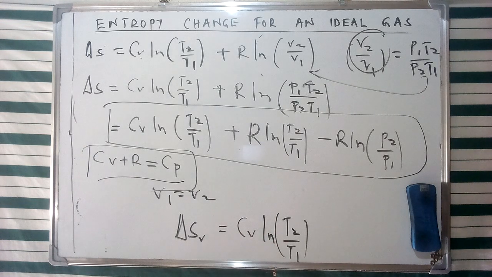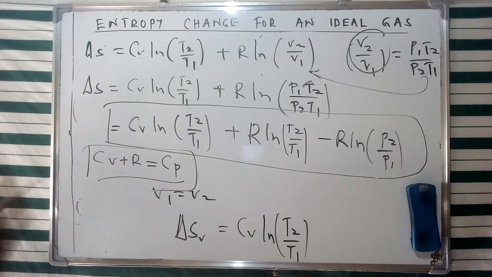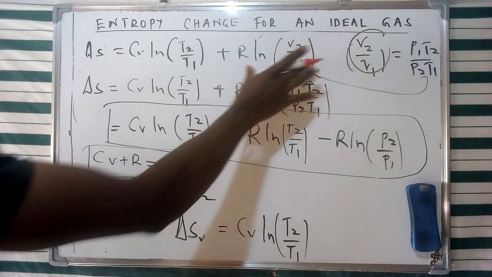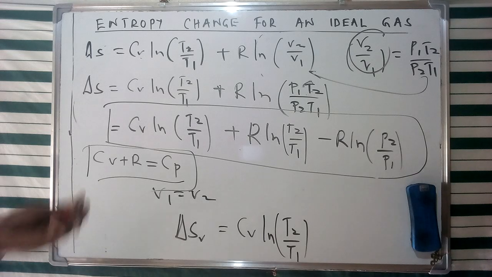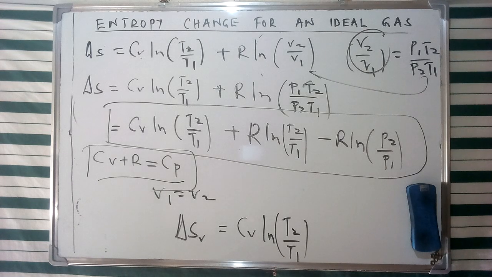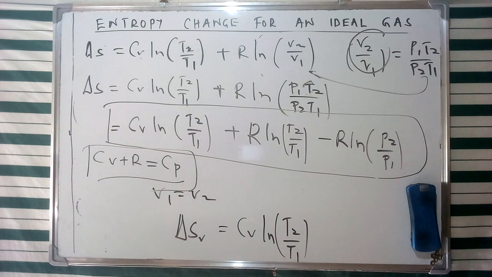And lastly, we had said that if we have a constant temperature, then this specific portion of the equation is not considered, whereby we're going to consider this specific aspect of volume. And that is going to give us a summary of the various relationships that exist for isothermal, isobaric or isochoric changes insofar as entropy change for an ideal gas is concerned.